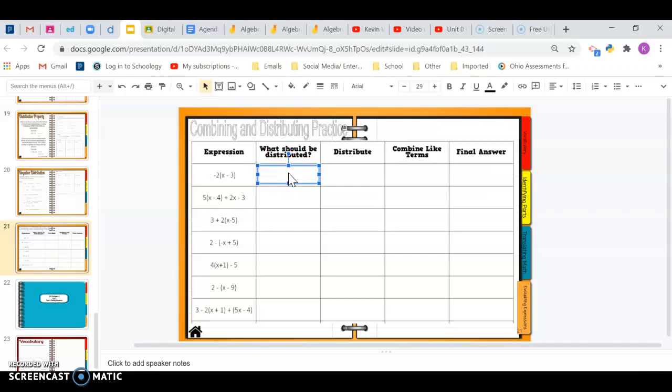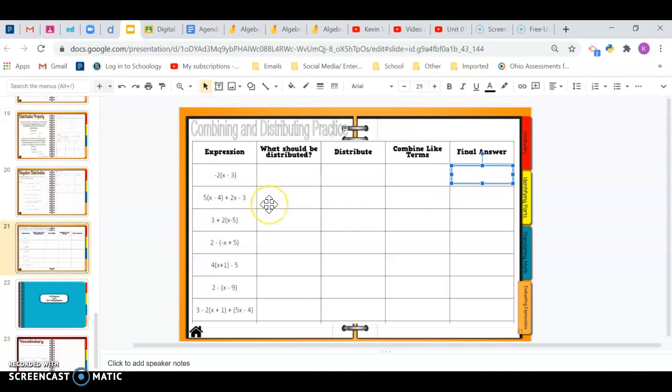First slot is telling you what you're going to be distributing. The second slot is you distributing. The fourth one is if you have to combine like terms. If you don't have to, then you're just going to write this, N/A. Okay? That means you don't have to do it. And then you write the final answer over here in this last column.